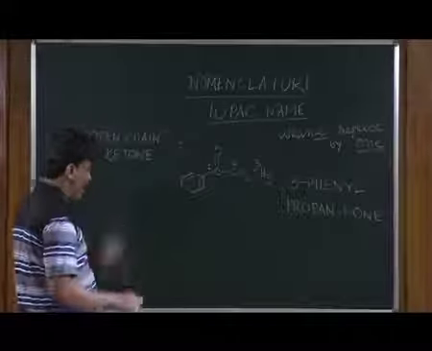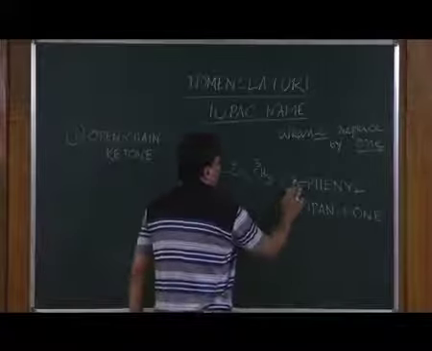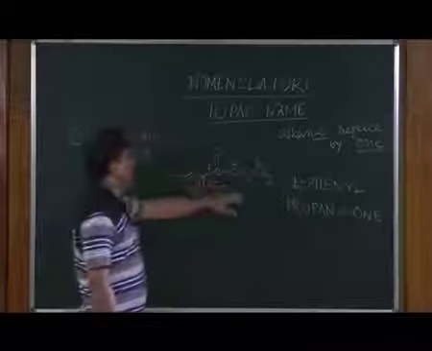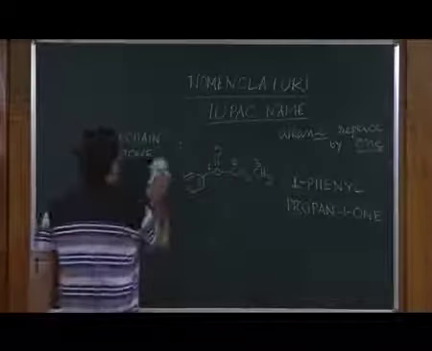So, the name will be 3-phenyl propan-1-ol. Sorry, this is 1-phenyl. So, 1-phenylpropan-1-one. Now, let us discuss some cyclic ketones.